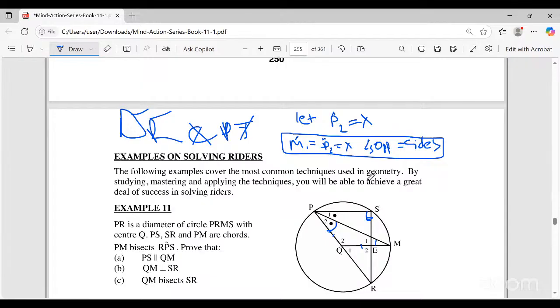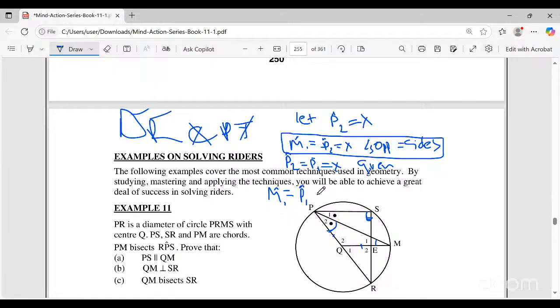And then I'm going to say that angle P2 is equal to angle P1. This is an angle, that's an angle. They're both equal to X, given. Then I can now say this angle M1 is equal to angle P1.